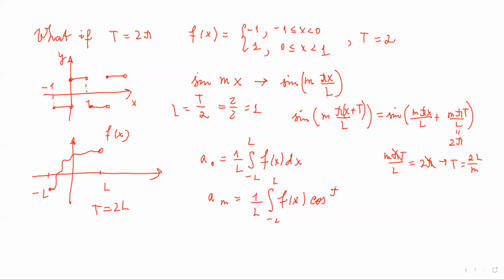Cosine of pi m x over L dx, and b_m. If you understand how it works with pi, I think it's not going to be a problem to move to a different constant L, because, well, consider that pi is L and that's it.